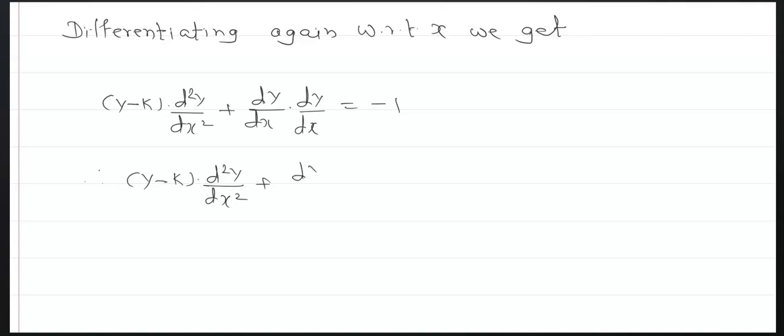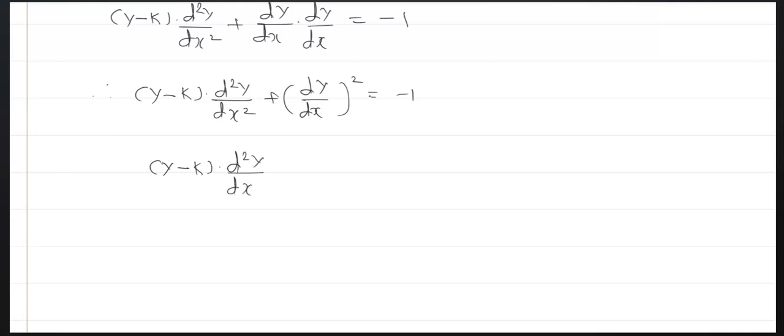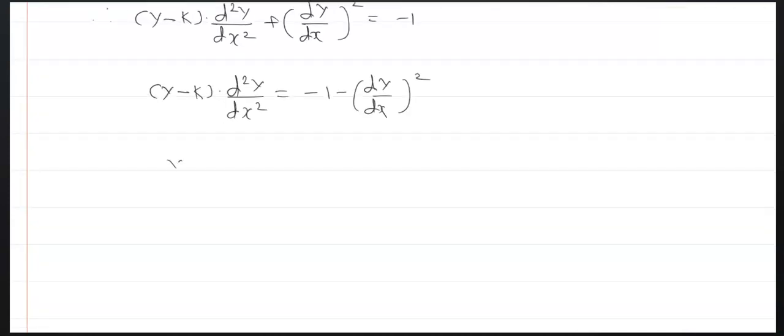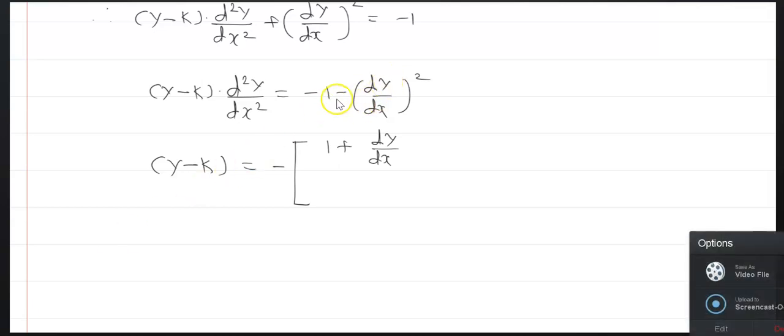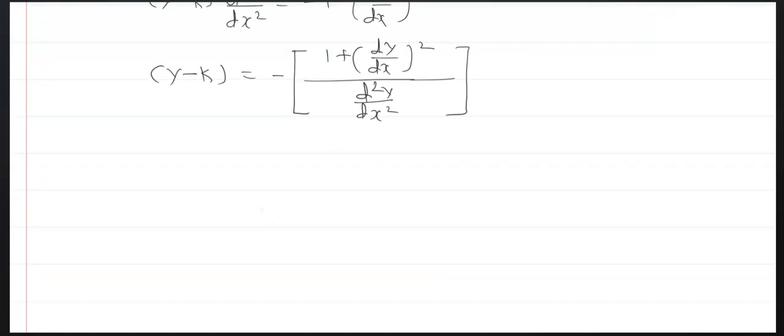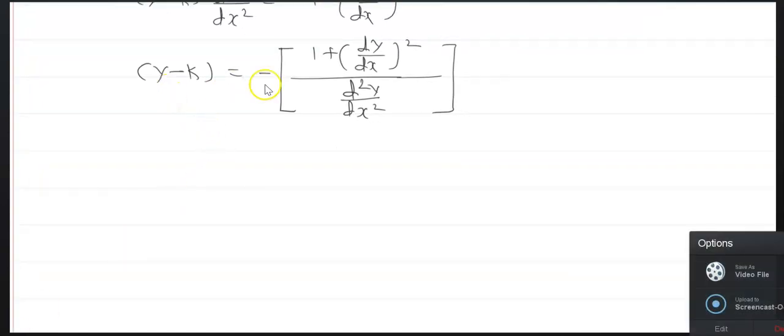So (y minus k) into d2y by dx square is equal to minus 1 minus (dy by dx) whole square. Take the minus sign as common. Therefore, you will get y minus k is equal to minus (1 plus (dy by dx) square) upon d2y by dx square.